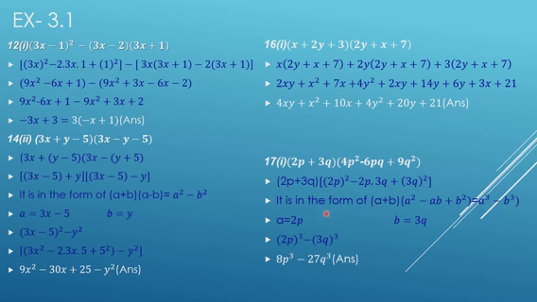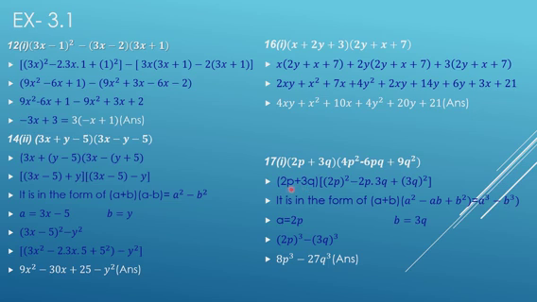Now coming to the fourth sum, 2p plus 3q is to be multiplied to 4p square minus 6pq plus 9q square. Now if you see, this is in the form of (a plus b) into (a square minus ab plus b square). So this is actually the formula for a cube plus b cube.